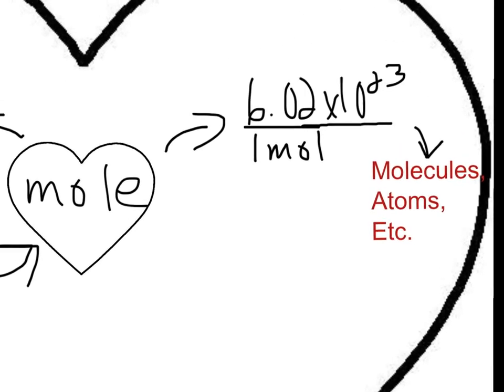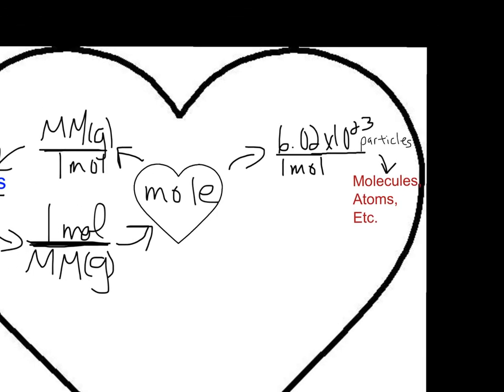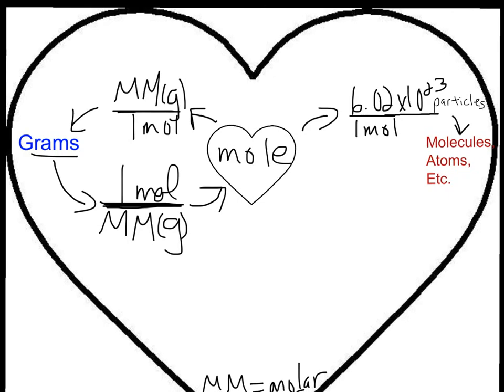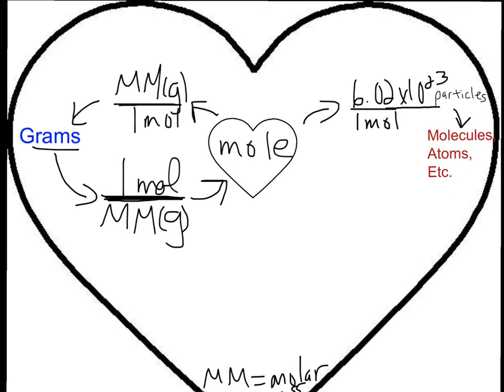I'm going to see if I can write this down in smaller print because I'm kind of running out of room on my heart. Particles. There we go. All right, so particles. And remember, particles is just a generic term. We could be talking about molecules. We could be talking about atoms. It's pretty much whatever they gave us in the problem.